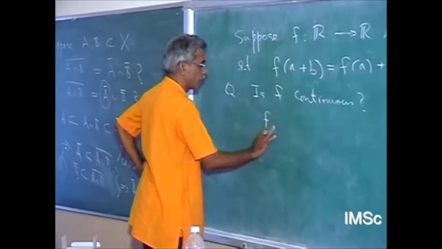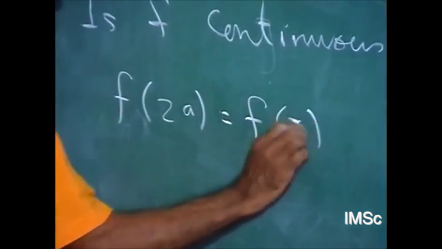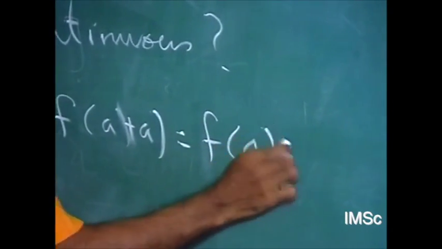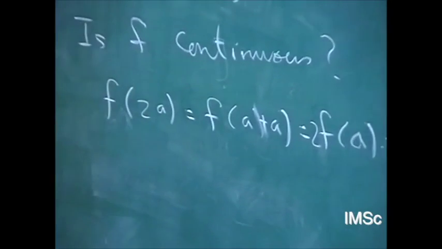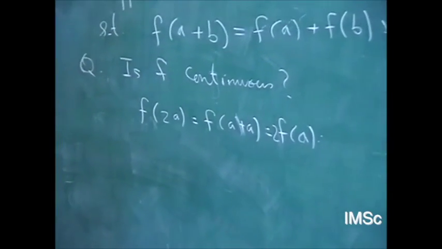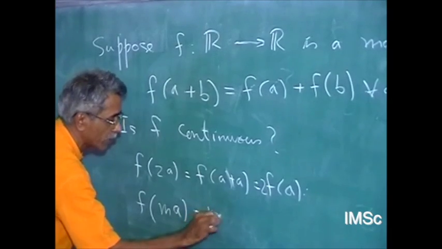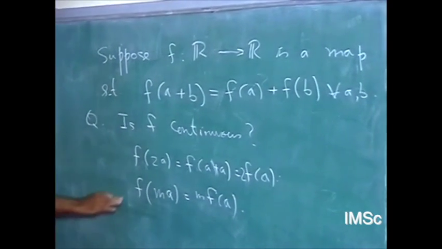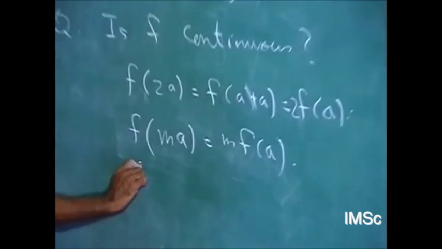So if you write for example 2a, this is f of a plus a, which is f of a plus f of a, that is 2 f of a, and you can do this process. Let's observe that f of ma is equal to m times f of a. And well, if you call ma as b, what do you get?